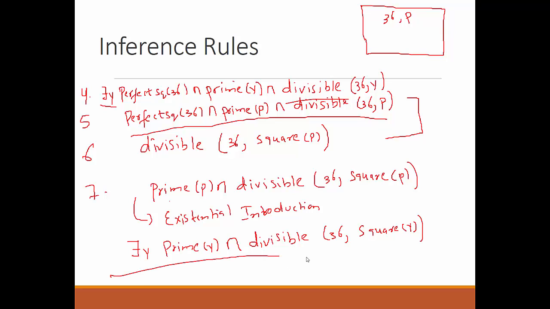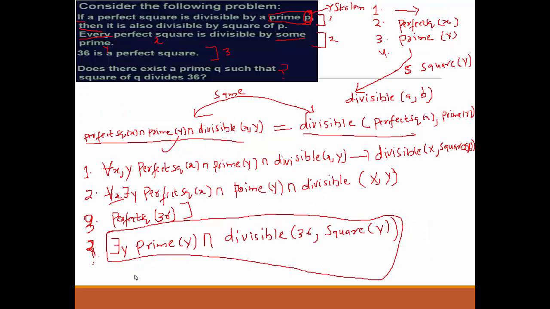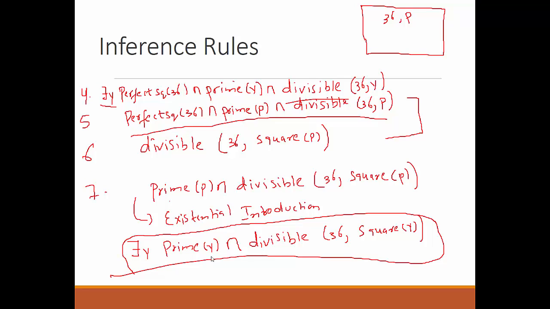So basically this is what we had to prove, and we found it. Here we had to prove this for some y prime y divisible 36 square y. So this is what we find here.